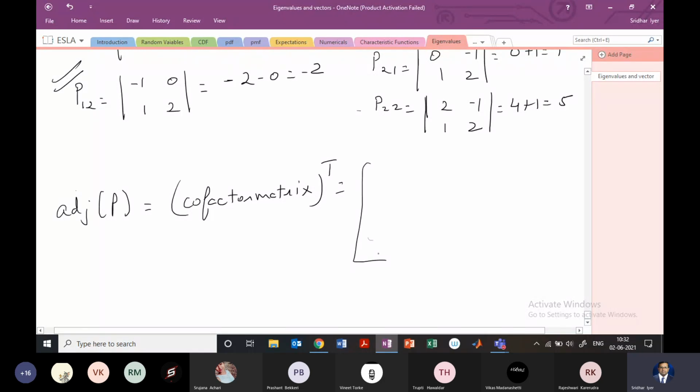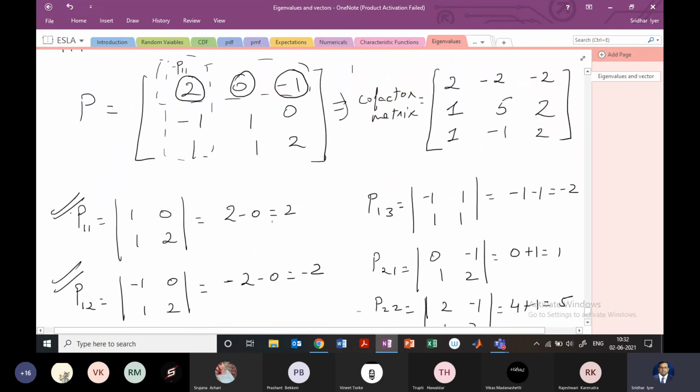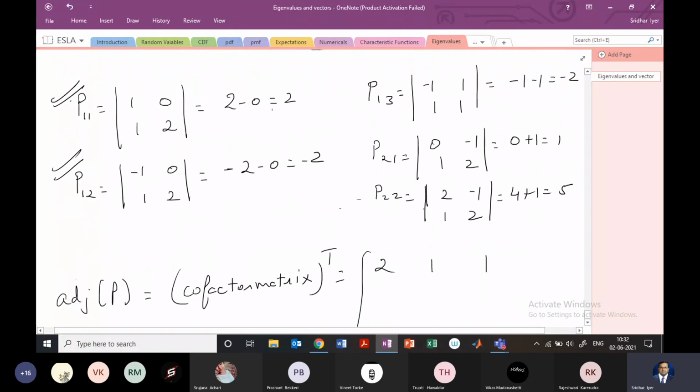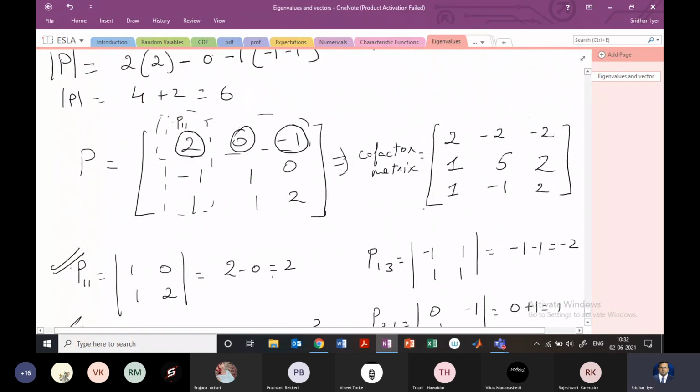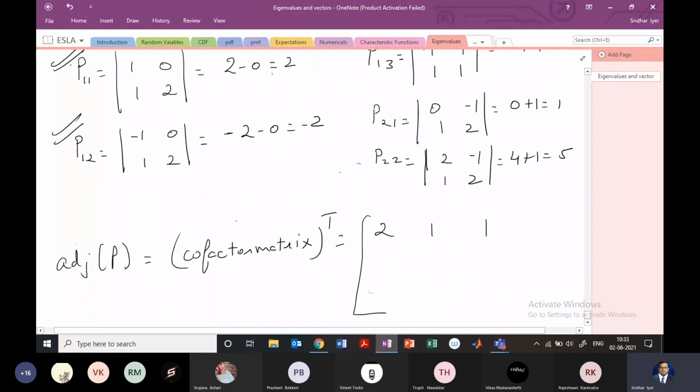So let us see what the transpose will give. In the transpose, rows become columns and columns become rows, right? The first column we have is 2 1 1, and that will become the first row. So we will get 2 1 1. The second is negative 2 5 minus 1, so we will get negative 2 5 minus 1.